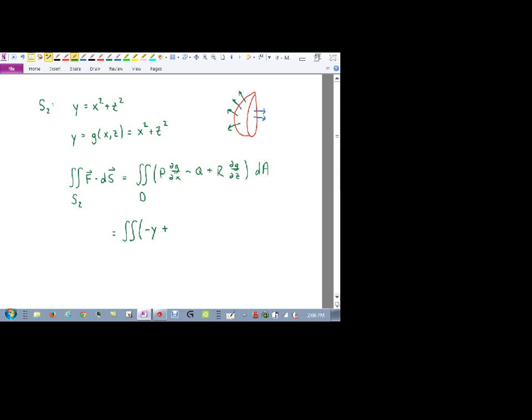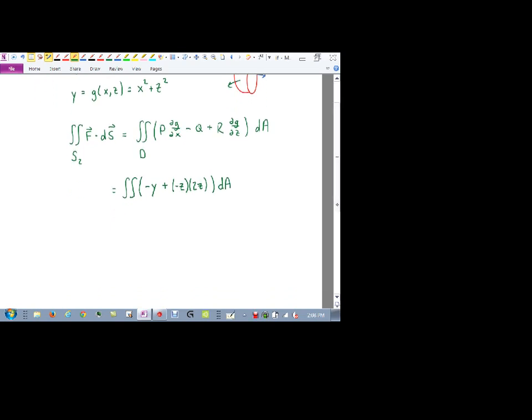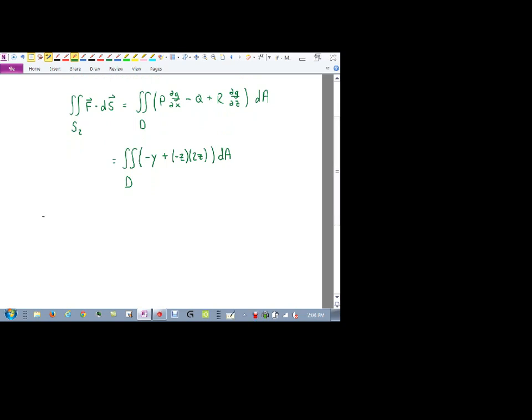And then times what? The partial g with respect to z, which is 2z. All that dA over D. Let's clean that up a little bit. Double integral over D of negative y minus 2z squared.